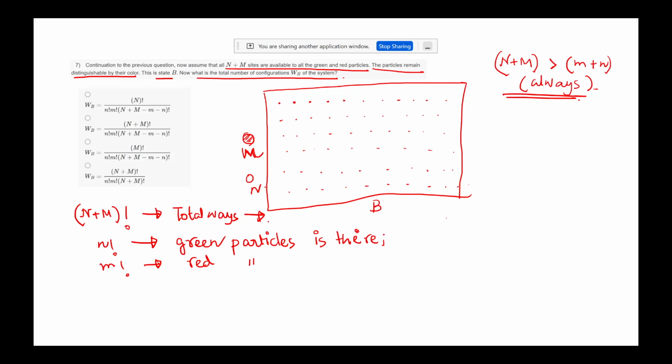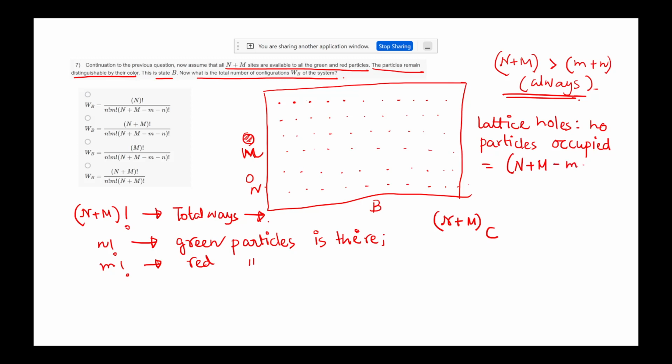So actually that would be choosing n plus m sites out of N plus M. See how many lattice holes will be there. Lattice holes means there will be no particles occupying them, which is capital N plus capital M minus small m minus small n.